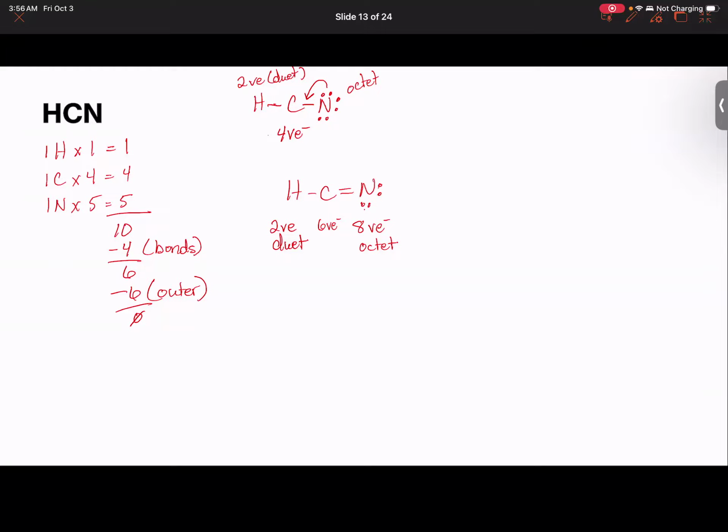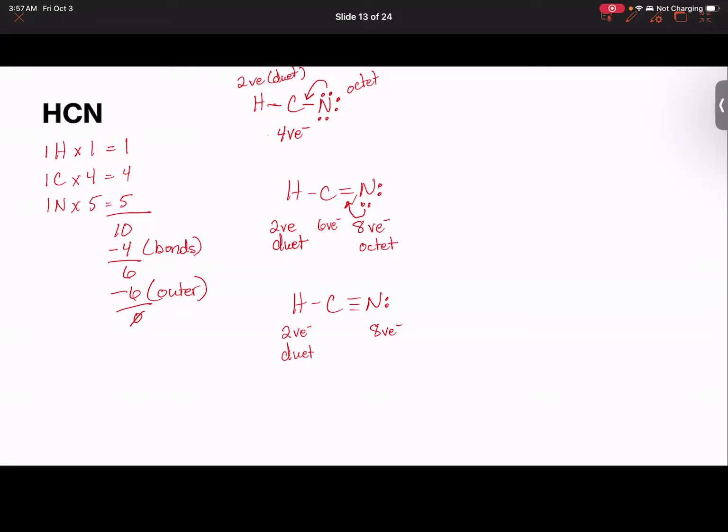Therefore, we're going to bring in another pair of electrons from our nitrogen to share with our carbon. And when we do so, this structure emerges. When you have this structure, you have hydrogen still having its 2 valence electrons or its duet. You altered the nitrogen, but nitrogen still has 8 valence electrons.